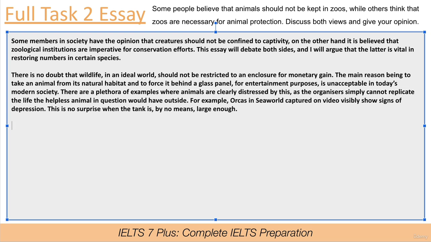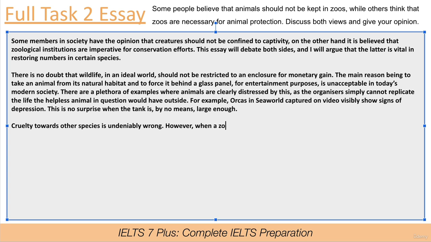So there, maybe we could say cruelty towards other species is undeniably wrong. Cruelty towards other species is undeniably wrong.